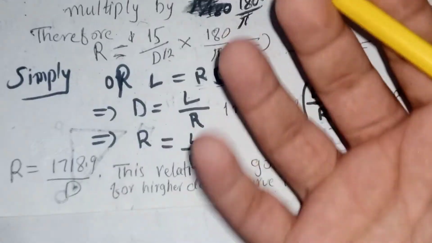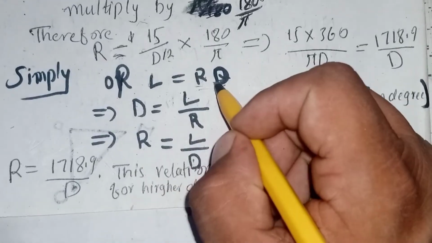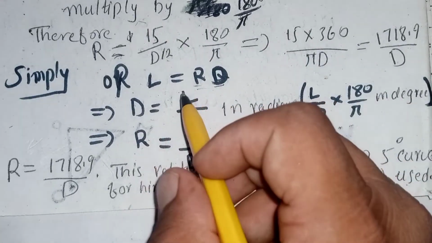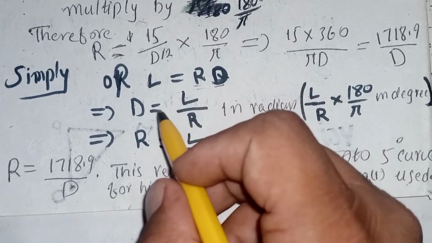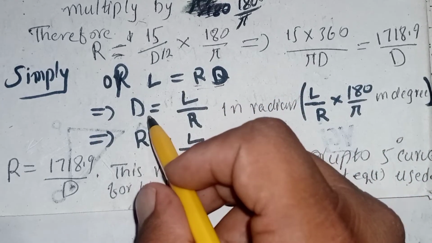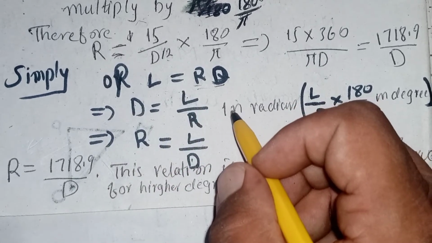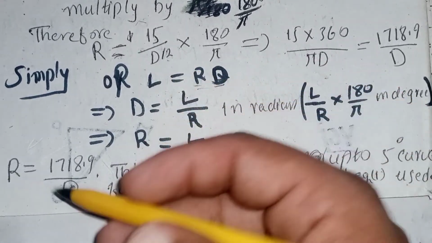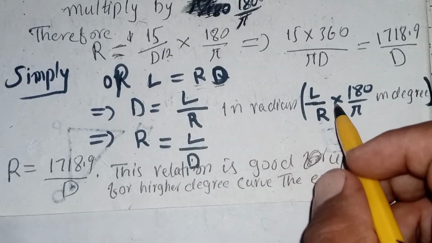And we can also write the simple calculation in two steps. L is equal to R theta. To find the degree, divide both sides by R, so we can write D is equal to L by R, which is in radian form. Convert it into degree, as we mostly use degree.